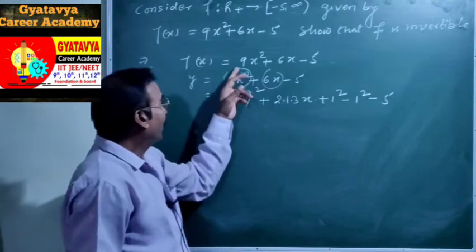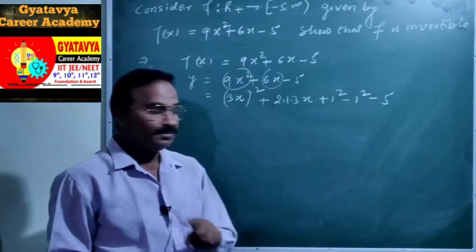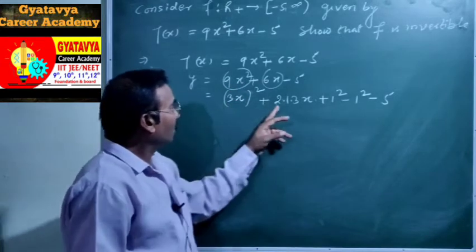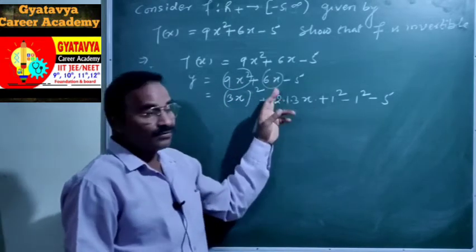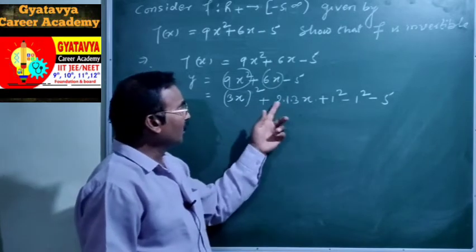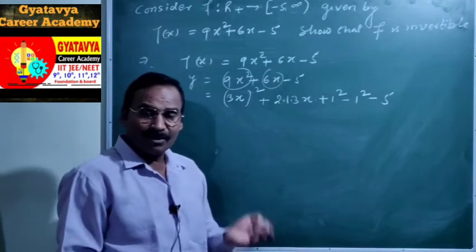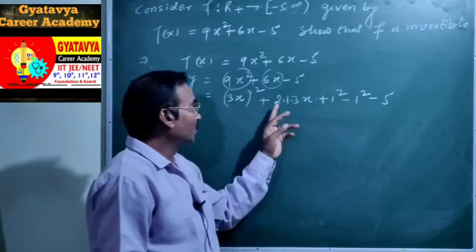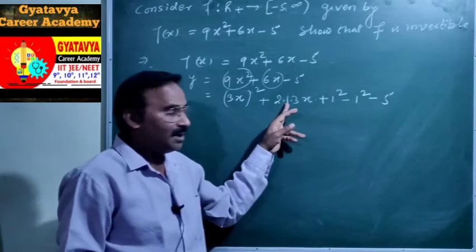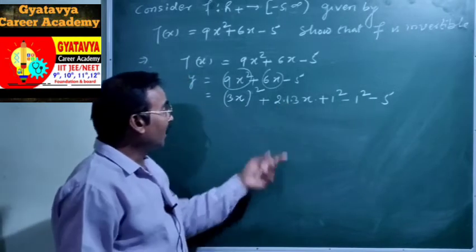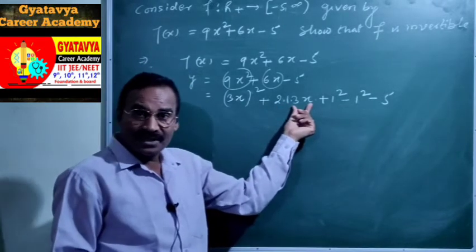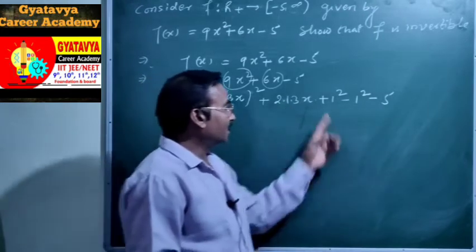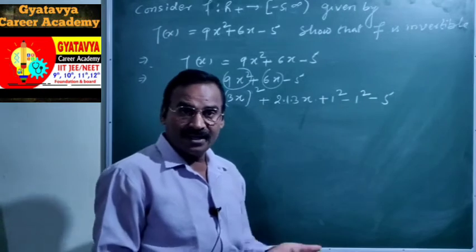First you have to make the complete square of the first term. We can write 9x square as (3x) whole square. Now separate 2 and 3x from the 6x: 2 into 3x into what number gives 6x? 1 is remaining, so just square it and add and subtract.